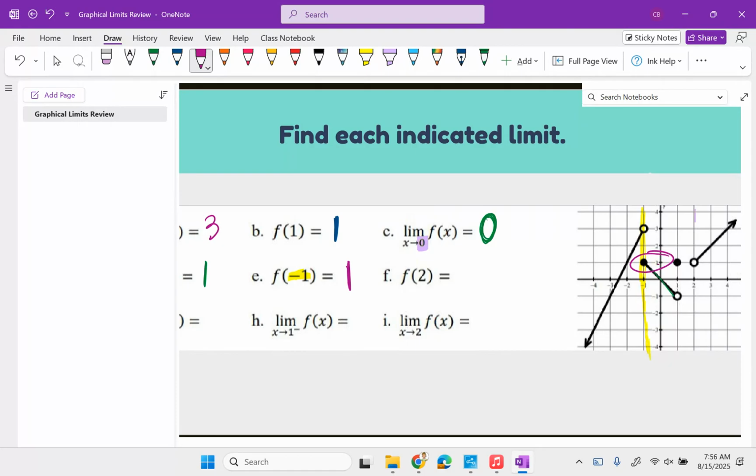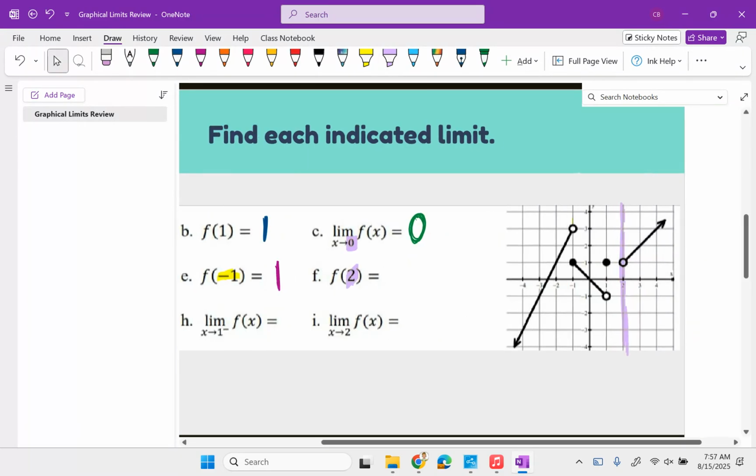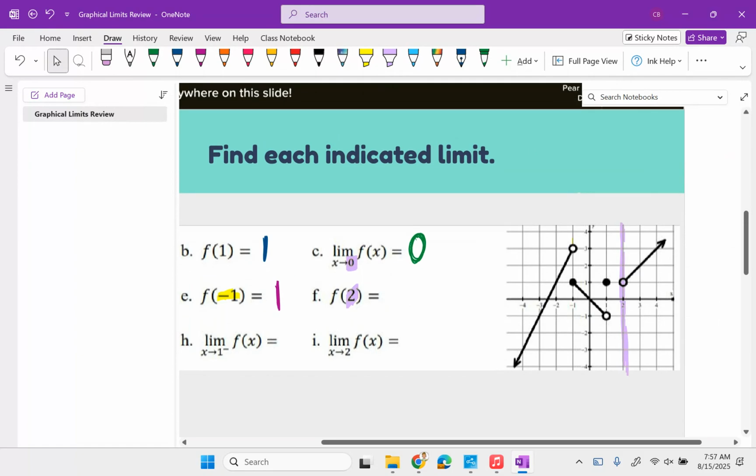All right. Let's see. Karina, what's going on with F? Can you talk to me about F? What x value am I looking at? 2. Good. Okay, so I'm looking here. Do we have any issues there? Yeah, what's wrong? There's a hole. Good. I like that we're using the vocabulary.